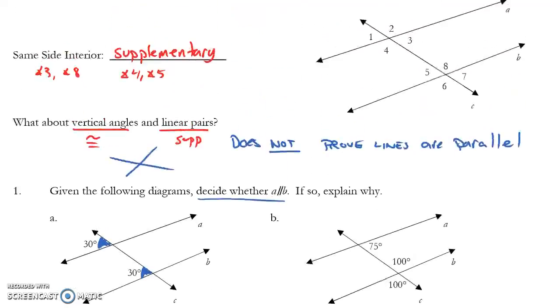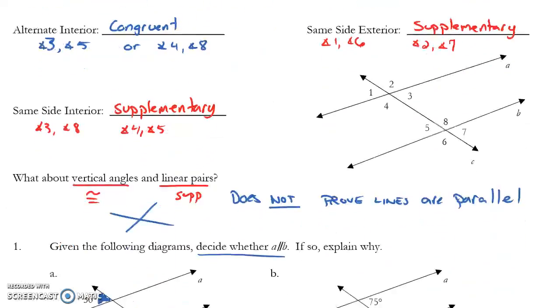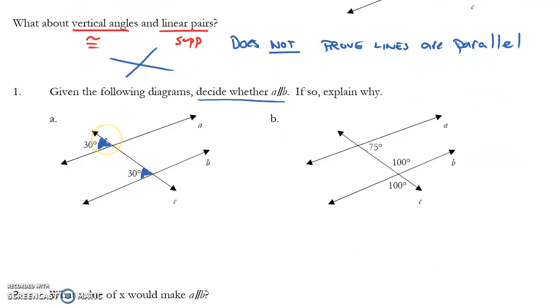I need to make sure that they are one of my congruent property angle pairs. And in this case, those are corresponding angles. They're both located in the same location, top left. Since corresponding angles are congruent, I can conclude that A is parallel to B.